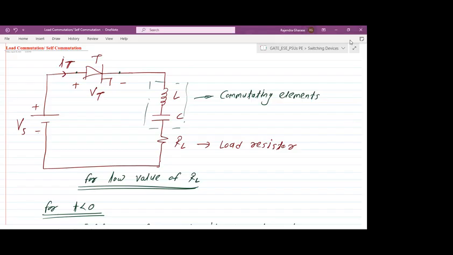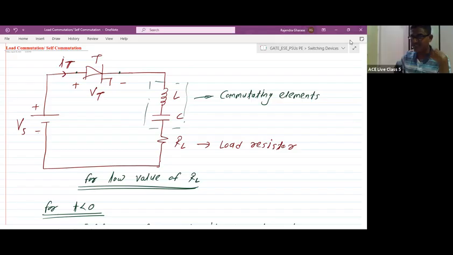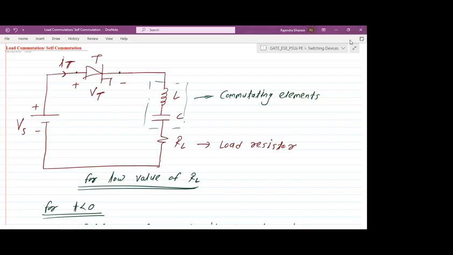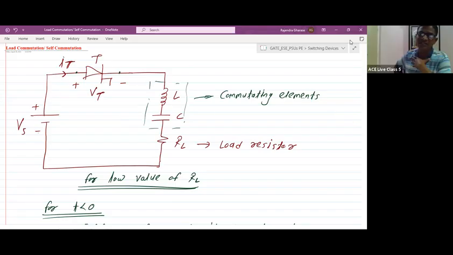The manufacturer says that you need to maintain the device in reverse bias mode for a minimum time of TQ. Now the design engineer's role, whatever the manufacturer has said, is to select the values of L and C so that TC should be greater than or equal to TQ. That's it.